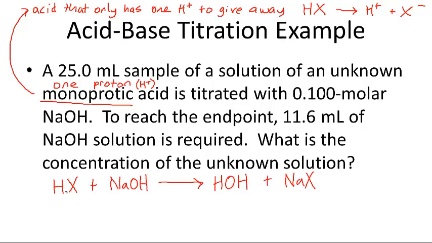That word 0.1 molar, how would I translate that into units? All right, it's 0.1 mole per one liter. So I know there's 0.1 moles of NaOH for every 1 liter of solution.